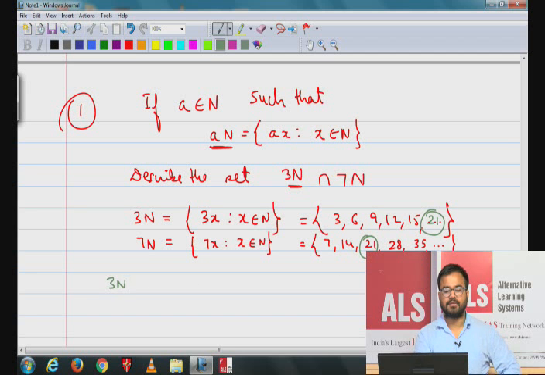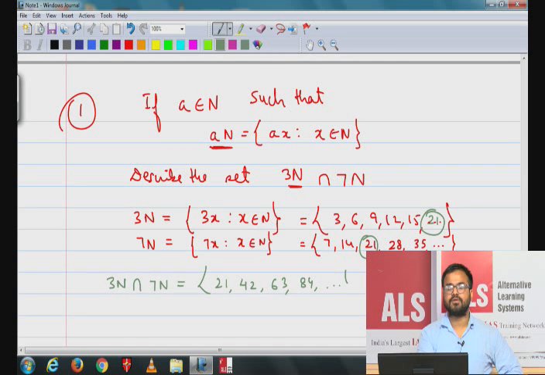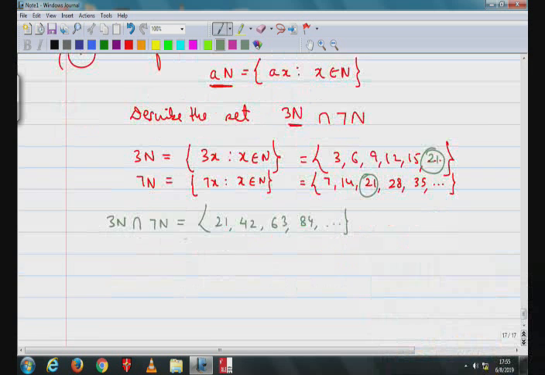So we can write 3n intersection 7n as these terms: 21, 42, 63, 84 and so on, which are the multiples of 21. So these are nothing but 21x, where x belongs to the natural numbers, and we can write this as 21n. So the set is 21n.